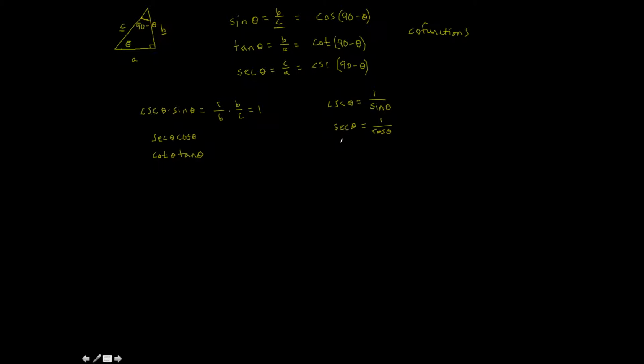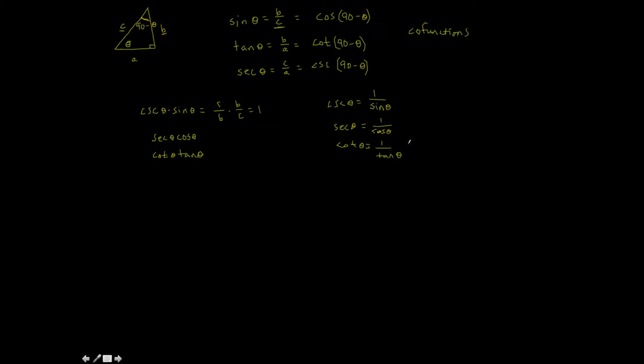And we say that cotangent theta is 1 over tangent theta.